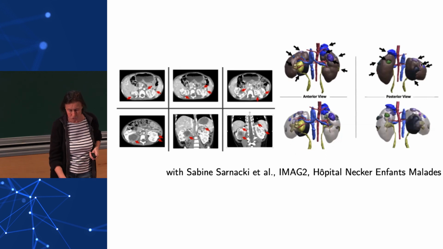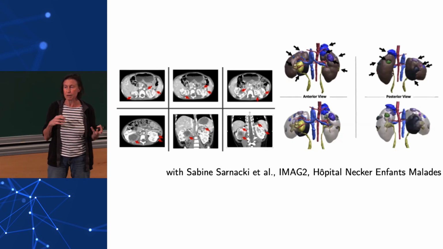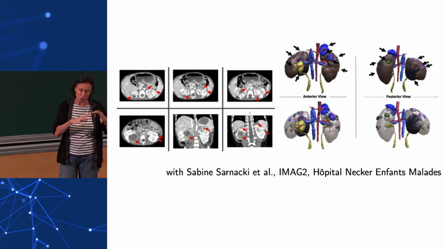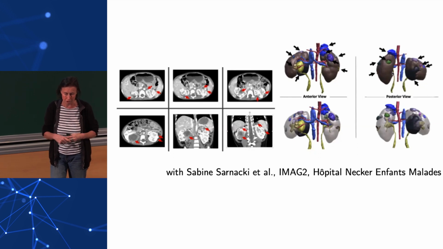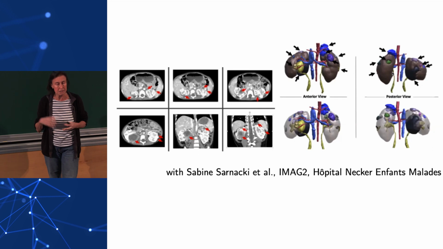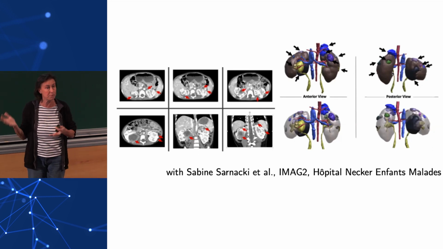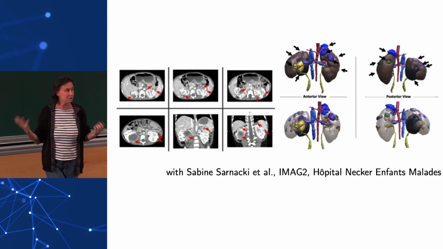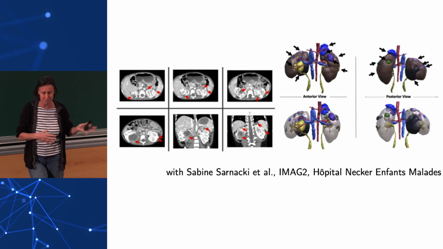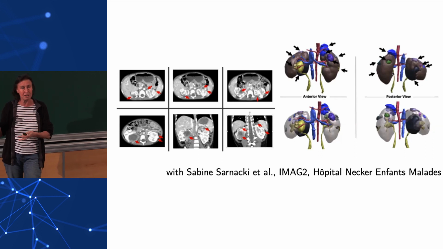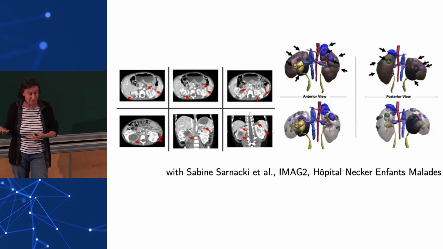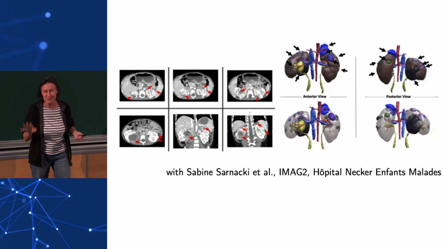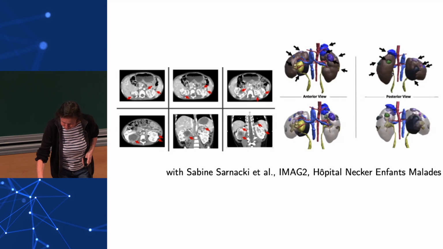And after seeing the 3D models, the surgeon could get a better understanding of the relations between the lesion parts and the normal parts of the organs, here the kidneys, and she decided to try to keep at least a part of the kidneys. And of course, the consequence for the child was completely different, between living without kidneys, so you can imagine what it means, and keeping a part of the kidney, which means that they will continue to work to some extent. So it changed completely, and it worked. So we are very proud of this example.